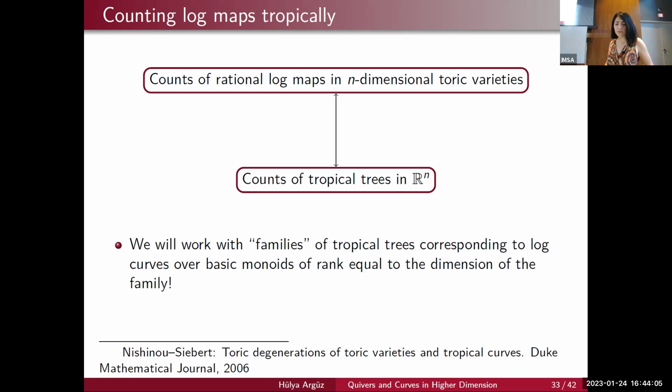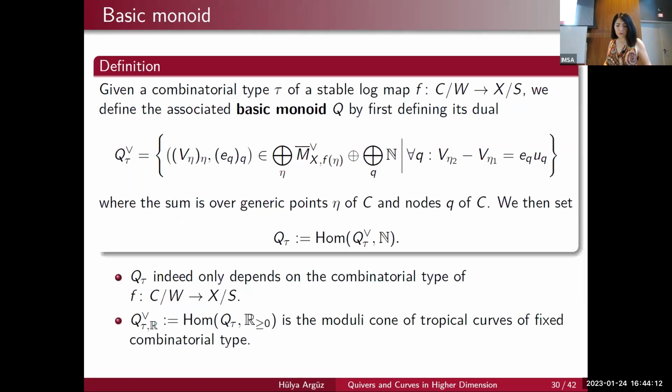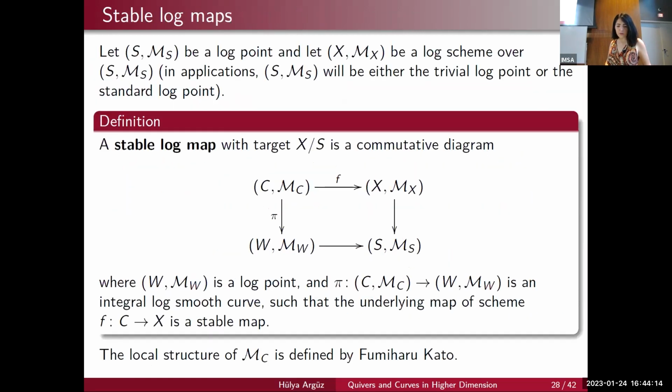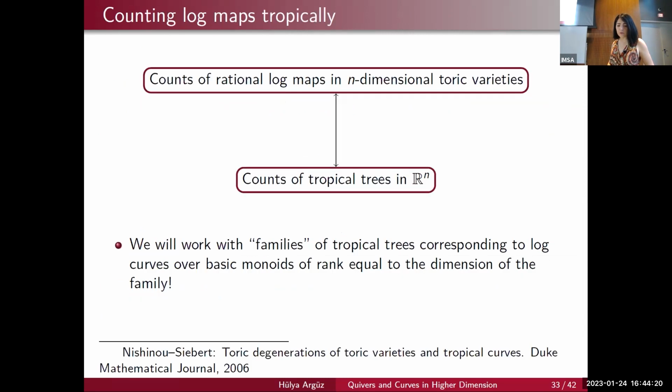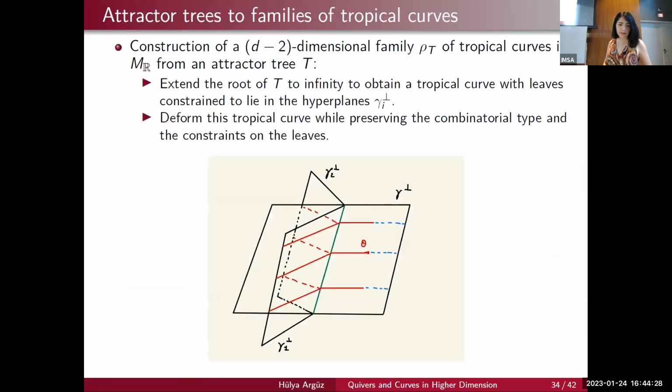Working with families of tropical curves will amount to working with log maps where I described all these basic monoids. The basic monoids are going to be given by monoids of some higher rank in the story that I will tell you. So I will have log maps of higher rank basic monoids that I will relate to quiver DT invariants.